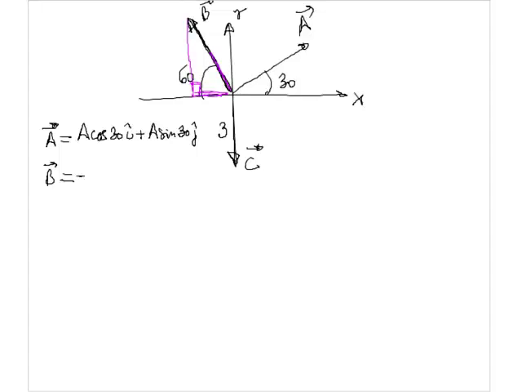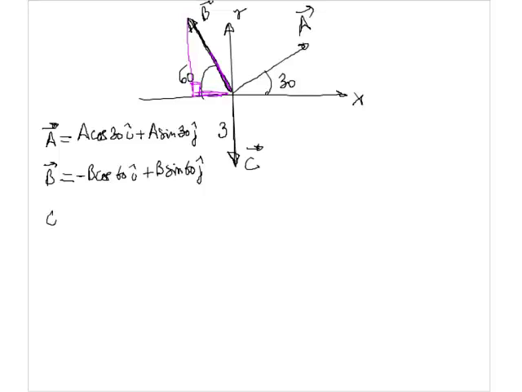Minus, because Bx is going left, B cosine 60. Oh, I'm sorry. Cosine, okay. Cosine 60. And then plus B, because it's going up, sine 60. Cool? Everybody agrees? Cosine adjacent, okay, that's good.